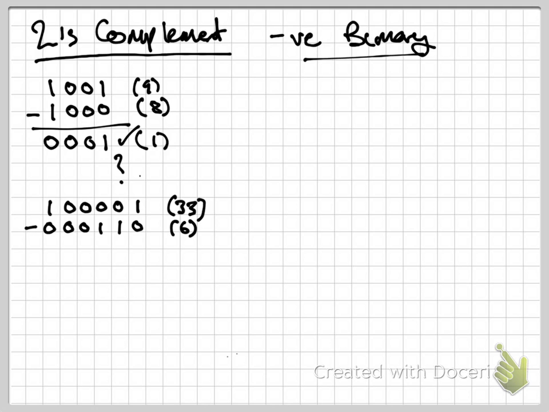Well, the problem now comes because when we try and carry out the subtraction, we start with our first number. We start with 1 minus 0, which is easy because we get our 1 there. But then we enter this slightly more complicated area where we've got a series of zeros, and we're trying to subtract 1 from those zeros.